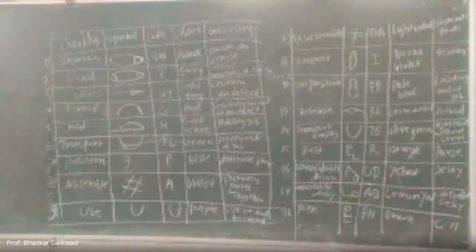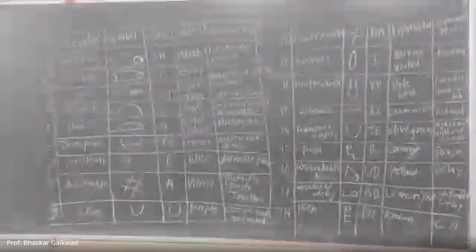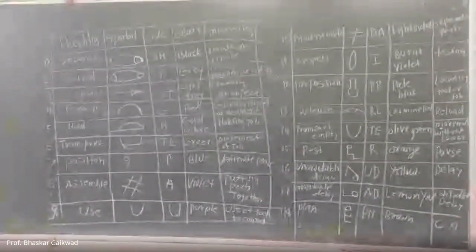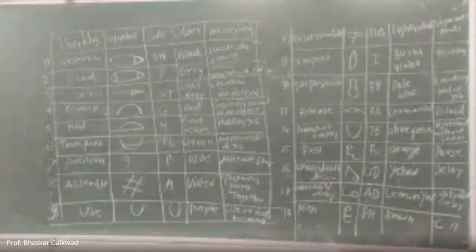Micro motion study, 18 therbligs are there. Multiple choice questions are there, and sometimes they will give a symbol to you and ask about these therbligs. Sometimes they will give a symbolic code and ask about the color or meaning.